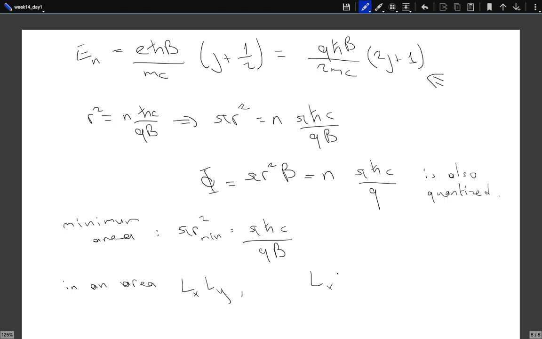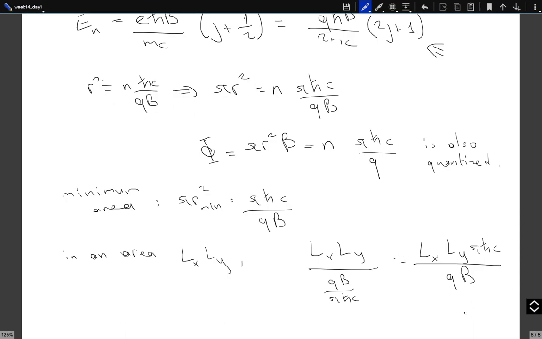Well, just Lx Ly divided by qB over πħc. So this should basically be the degeneracy, more or less, of this orbit.